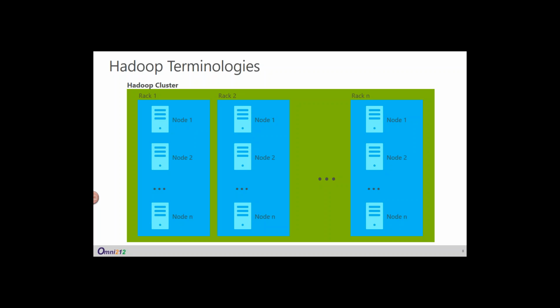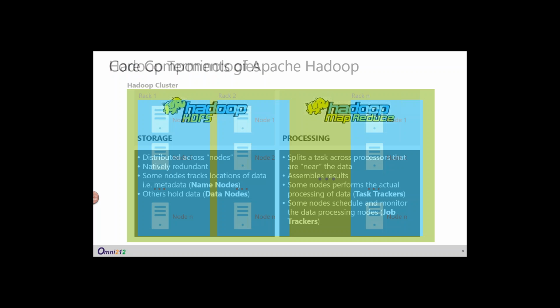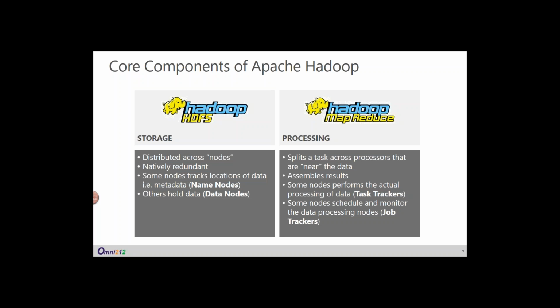Now let's dig a bit deeper into the core components of Apache Hadoop. On the storage side, we have HDFS, or Hadoop Distributed File System. In this, the data is distributed across nodes, which may be present at physically distinct locations.